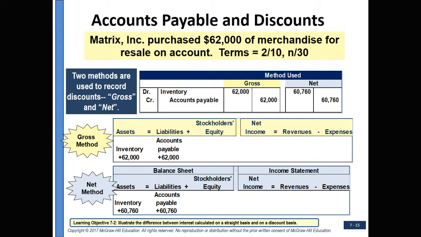Now, if by chance we did not pay within the 10 days and we had to pay the full amount of the invoice of $62,000, then underneath the net method, we would make an adjustment when we created the check, and the additional $1,240 that we would pay out over our accounts payable would post to an account called Purchases Discounts Lost.